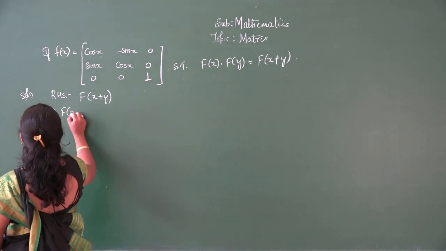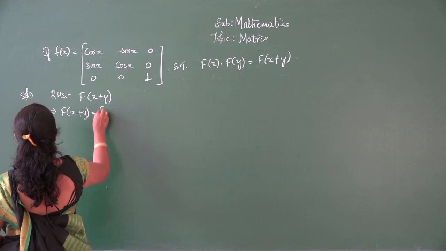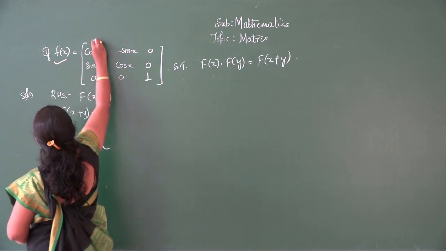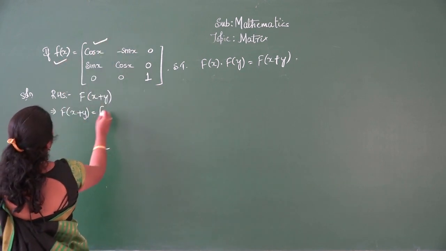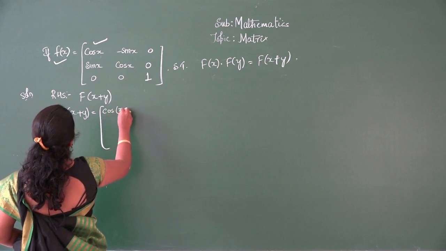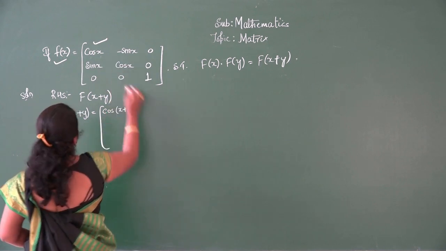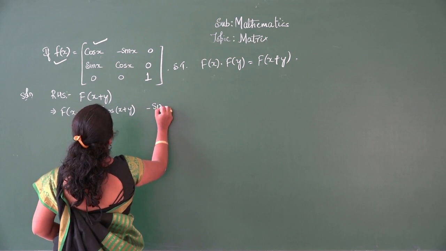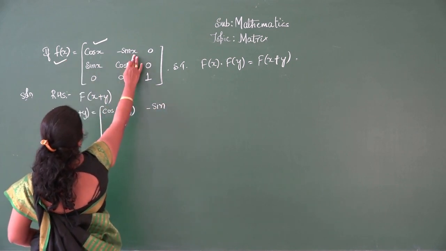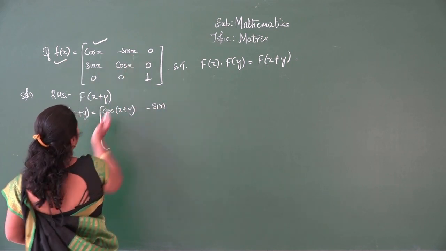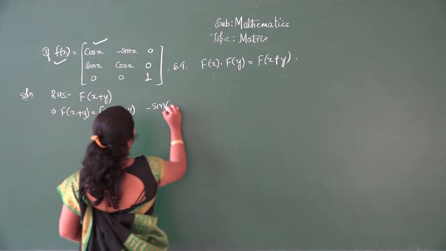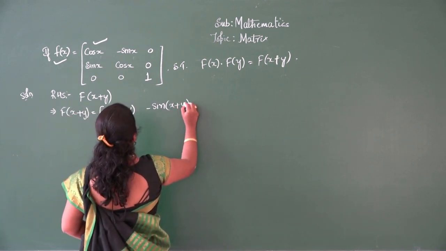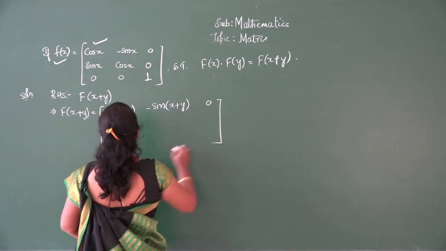It is cos of x plus y. Minus sign retains as it is. Sin of the variable x is replaced by x plus y, and this is 0.